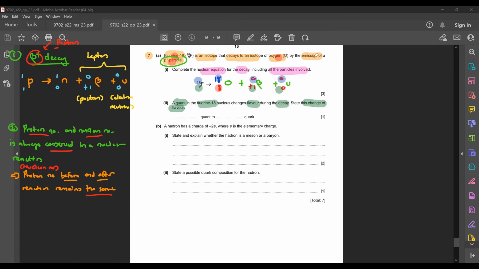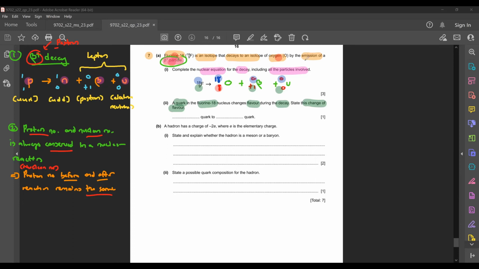So because you are having a beta plus particle during the nuclear decay, beta plus decay is involved here. So we already worked out the beta plus decay equation right over here. If you're talking about proton changing to neutron, what we know is that you actually have up, up, down for the proton, and then up, down, down for the neutron.